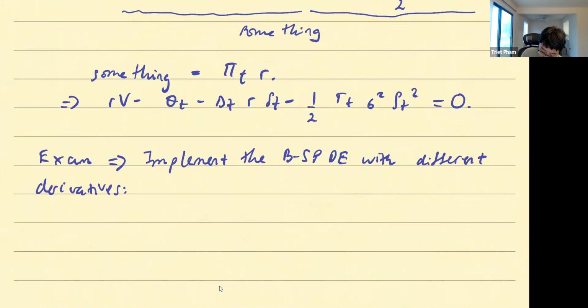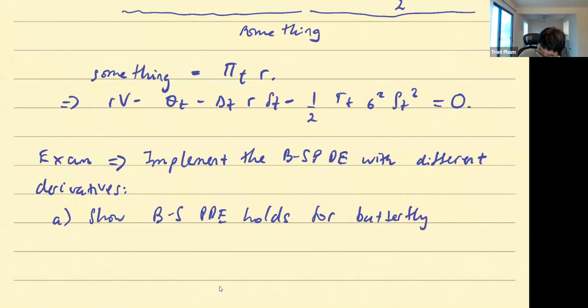For example, show that the Black-Scholes PDE holds for, let's say, the butterfly spread. Meaning that I know that it holds abstractly, I don't care about that, I proved that. You show me some concrete argument on why for the particular butterfly spread it holds.